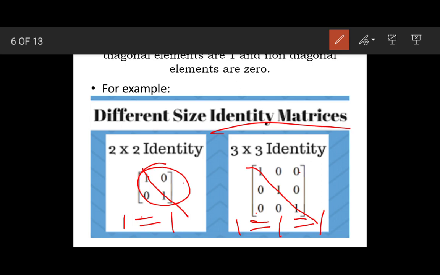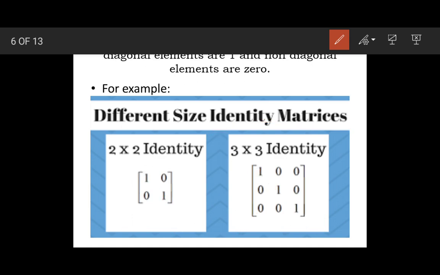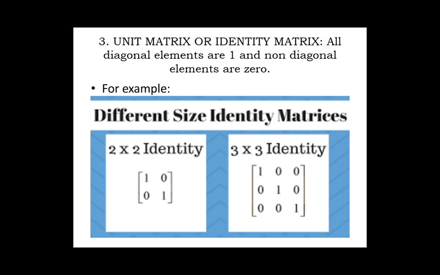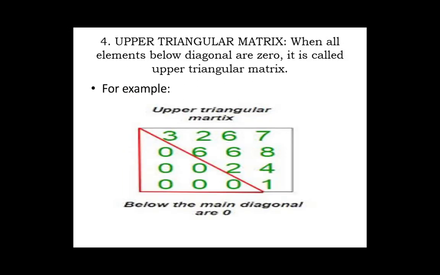This identity matrix is denoted by I. So I is equal to 1, 0, 0, 1 for a 2 by 2 matrix, and I is equal to 1, 0, 0, 0, 1, 0, 0, 0, 1 for a 3 by 3 matrix. Okay? Clear?